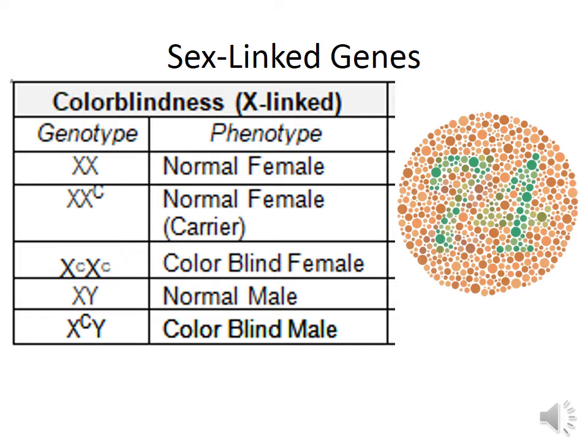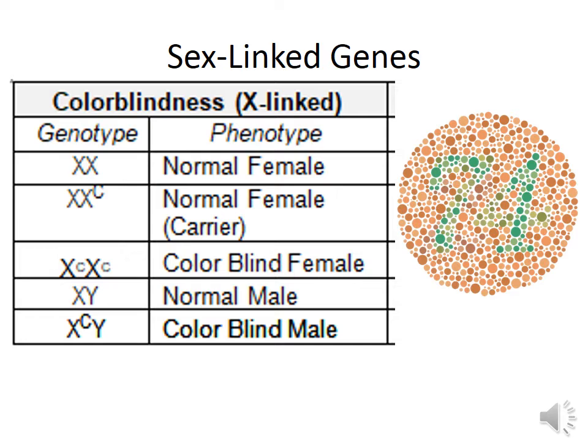So ano ba yung color blindness? People with color blindness, they cannot see colors in a normal way. Nahihirapan silang mag-distinguish ng colors na green at saka red. So a sample is given here. Pag hindi nyo nakikita yung number 74, you are color blind.